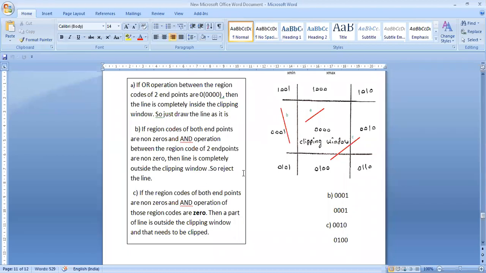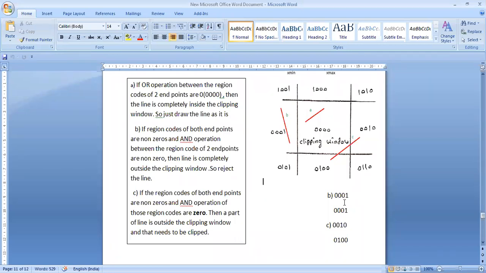Okay, so now see here, this is 0, 0, 0, 1 and this is also 0, 0, 0, 1. If you do the AND operation of this, what will you get? 1 and 1 is 1, and all others are zeros. That means the AND operation is 0, 0, 0, 1, which is also non-zero.